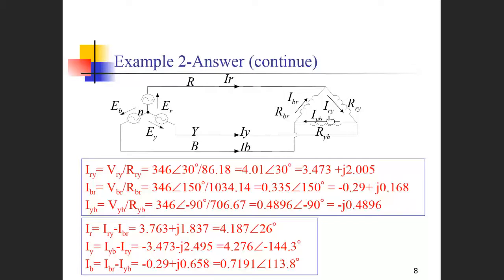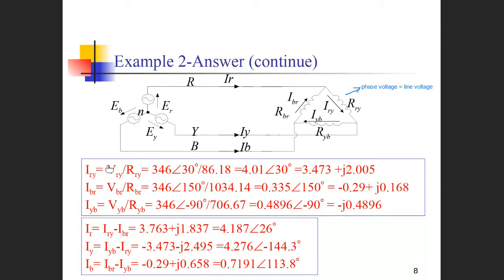Although the loading is resistive, the voltages of the red, yellow, blue phases still have phase angle differences. So for direct connections, the phase voltage equals the line voltage.